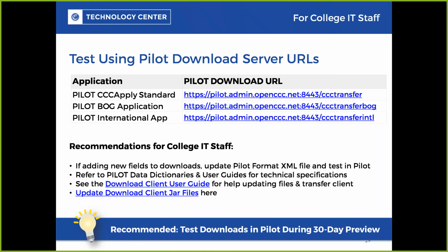So IT staff, if you are going to implement, most of you know what to do. You add those fields to your format XML file, but we really encourage you to set it up in Pilot. So you're going to update your Pilot download file and point to the Pilot download server to do the test.